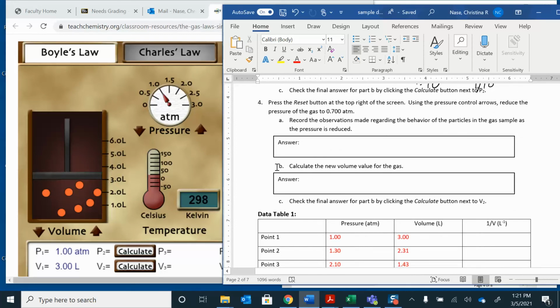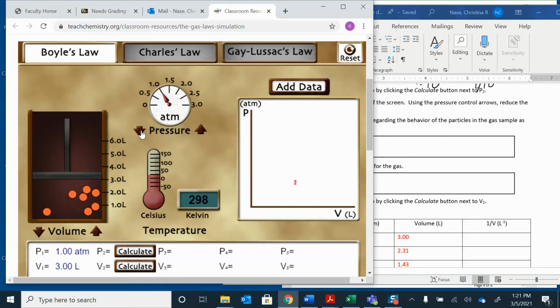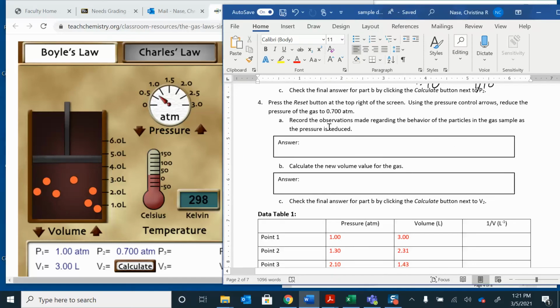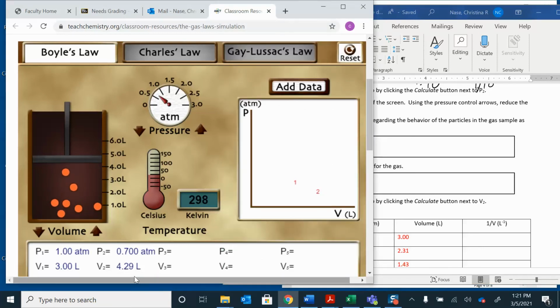So what is going to happen here if I reduce the pressure? Down here is showing you where 0.7 is. What will happen now? It went up. When I decreased the pressure, the volume went up.